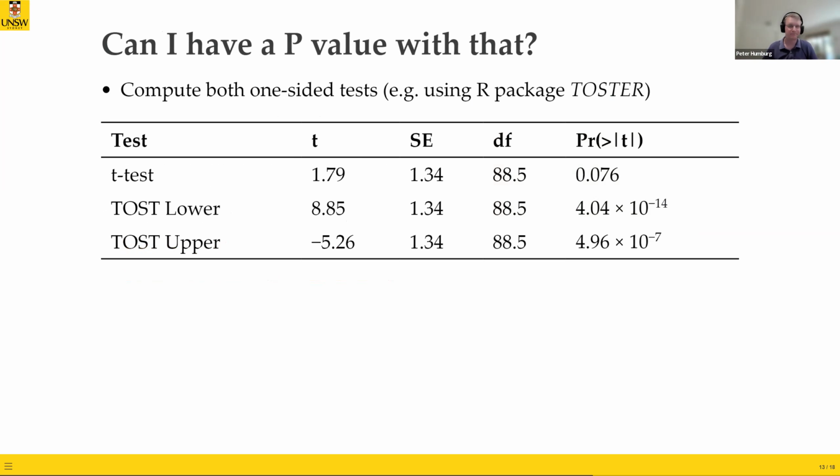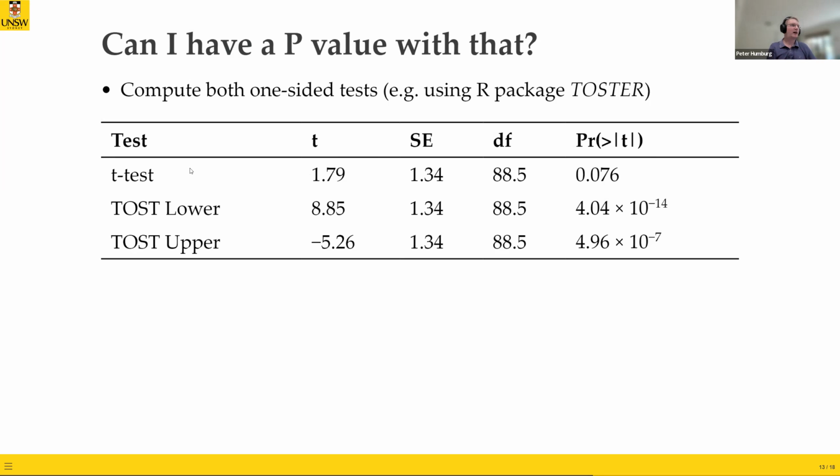And then, of course, if you do all those tests, you can also get p-values if that is something you care about. And it can be nice to attach a p-value to your results, right? So what I've done here, I've used the toaster package in R. And that allows you to run all these tests. There's 3 tests here.